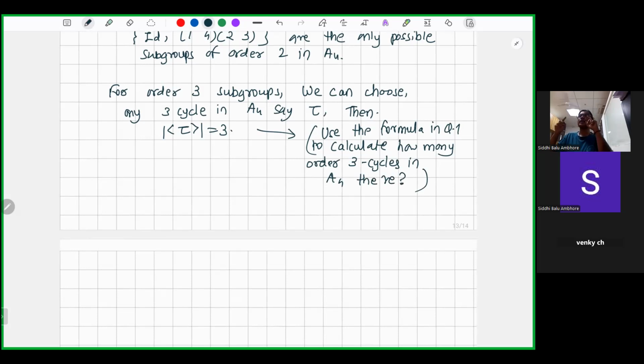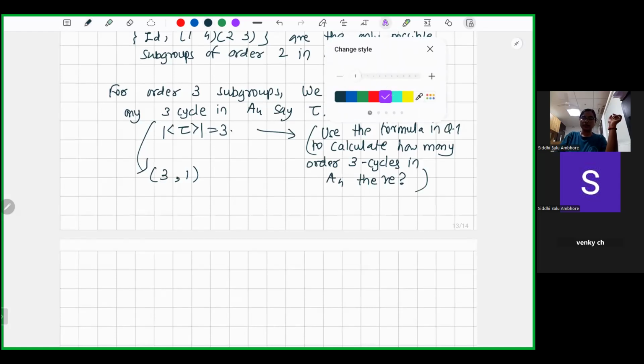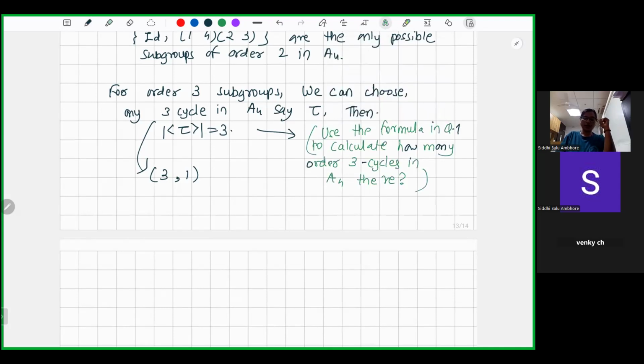Okay, you can use that n factorial and so on. So when I write a 3 cycle here, it has this cycle type, and you know the formula to apply. So you can use this as an exercise. Doesn't matter, but try to calculate this.